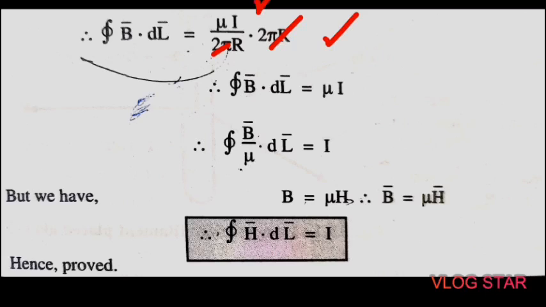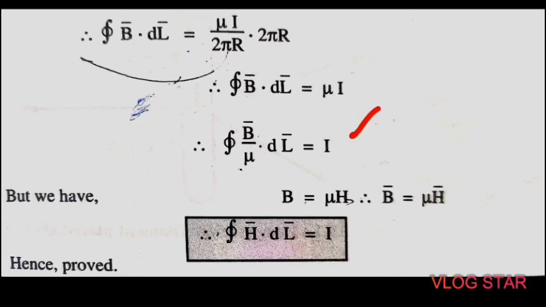If we divide this equation by mu, we just shift this mu to the left hand side, so it becomes line integral of B bar upon mu dot dl bar is equal to capital I, that is the total current. Here we have one relation, that B is equal to mu into H bar, so we can write this in terms of magnetic field intensity.